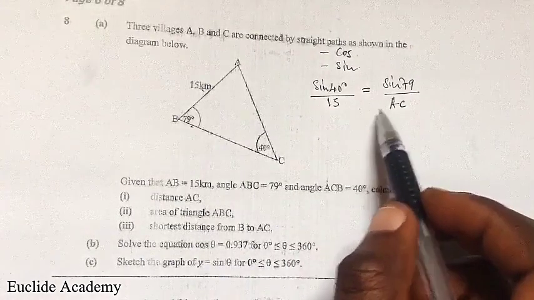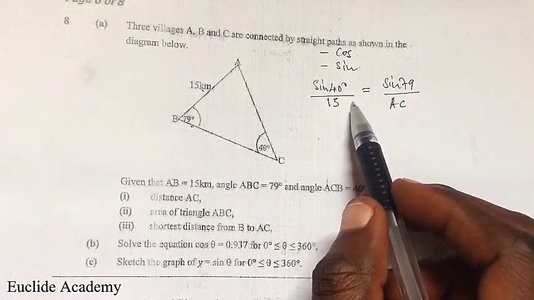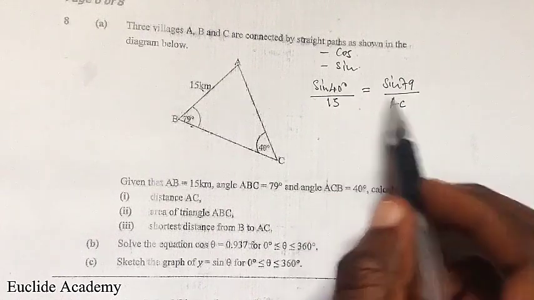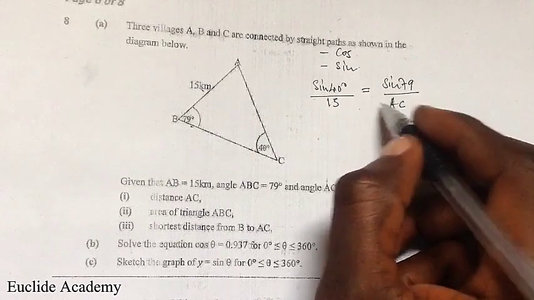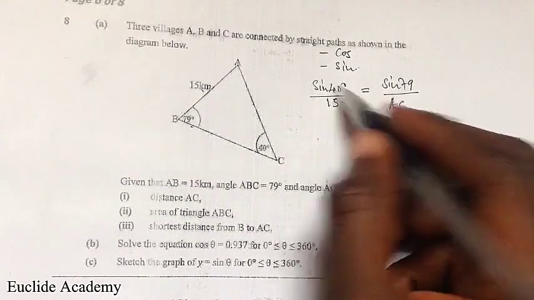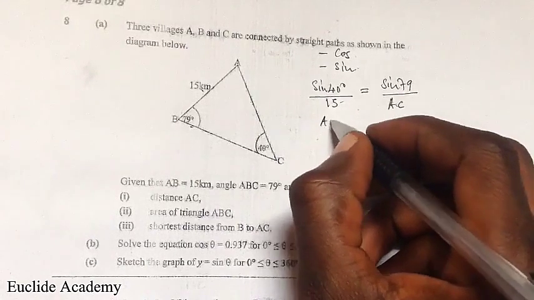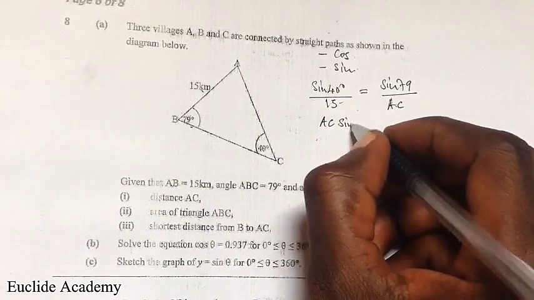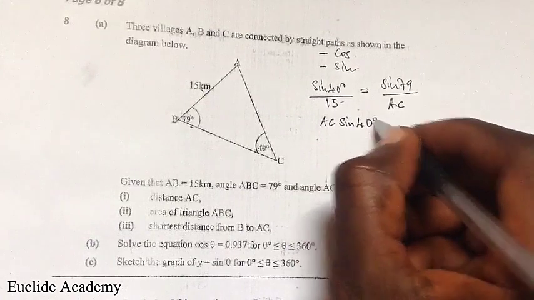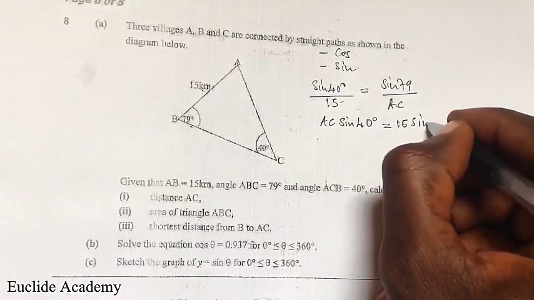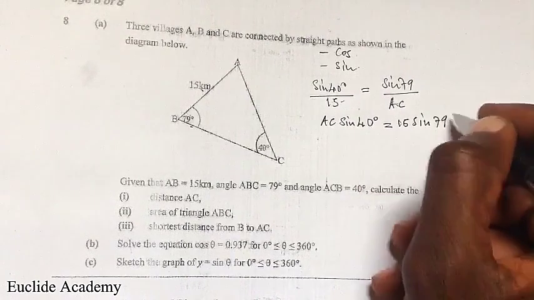But in this case we don't have the AC. So what do we do here? We're now going to cross multiply. So this times this, that times that. So we're going to have AC times sine 40 degrees equals 15 sine 79 degrees.